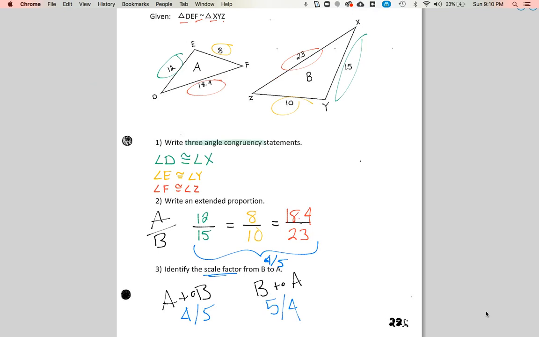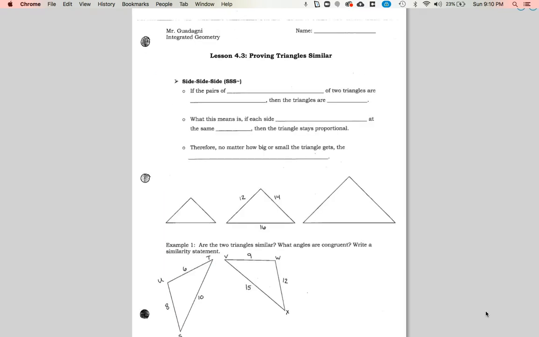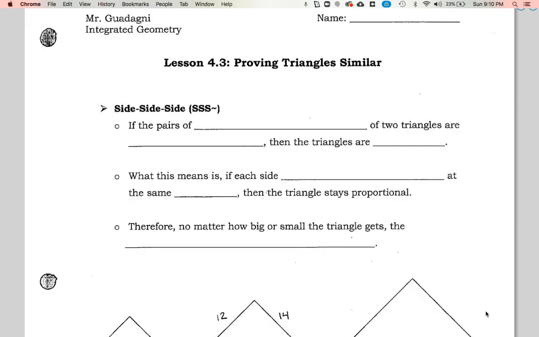All right, so there's a lot there to show that two triangles are similar. We have to show that all the angles are congruent and all the sides are proportional. This next section is going to speed that process up. We're going to go ahead and look for a certain number of criteria that will deem the triangles similar.